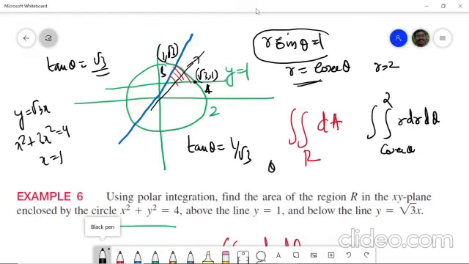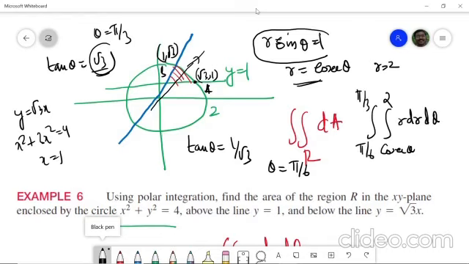It is when theta is equal to 30 degrees, because sin 30 is 1 by 2 and cos 30 is root 3 by 2. So theta is equal to pi by 6. And similarly, tan theta is equal to root 3 when theta is equal to 60 degrees, or pi by 3. So the variation of theta is simply from pi by 6 to pi by 3.